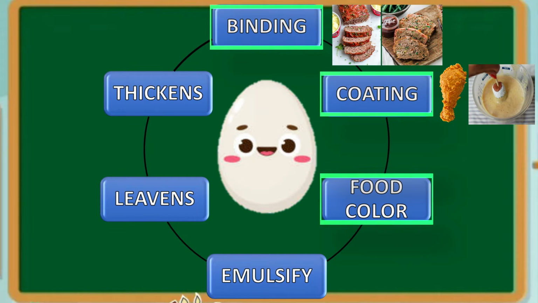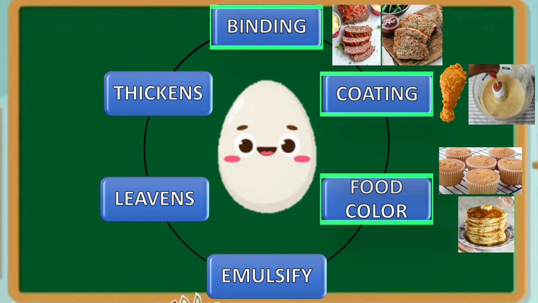How about as food color? Possible answers are pancakes and cupcakes. What certain recipe uses egg as emulsifier?